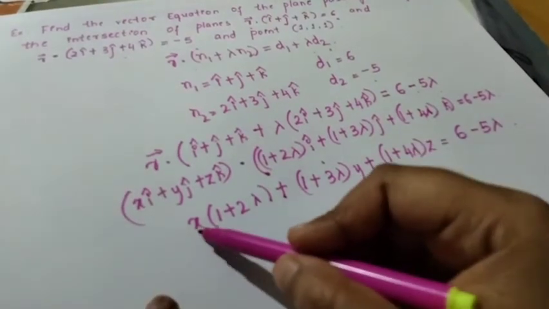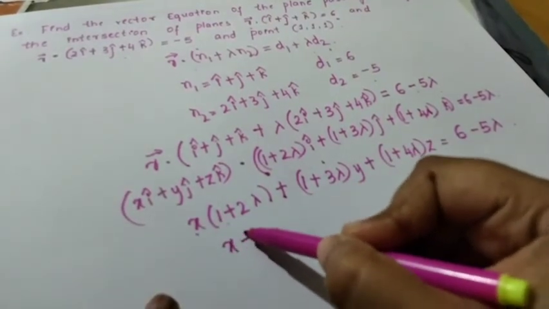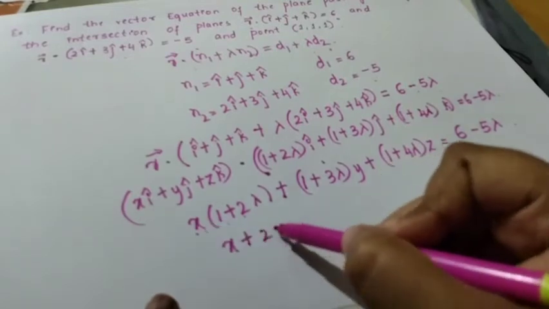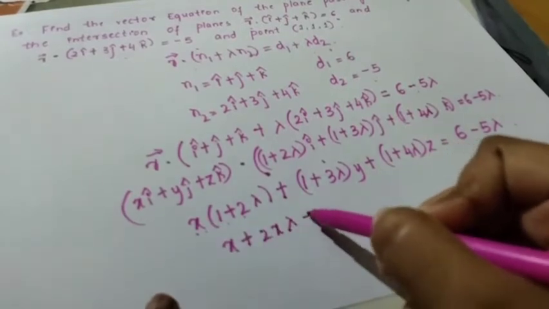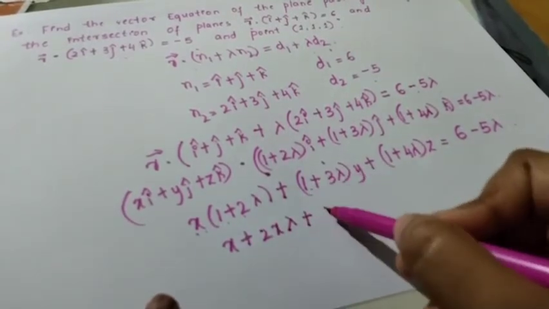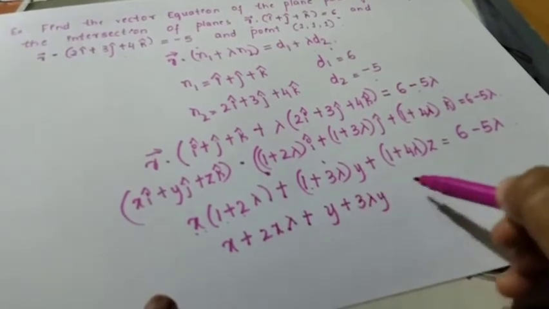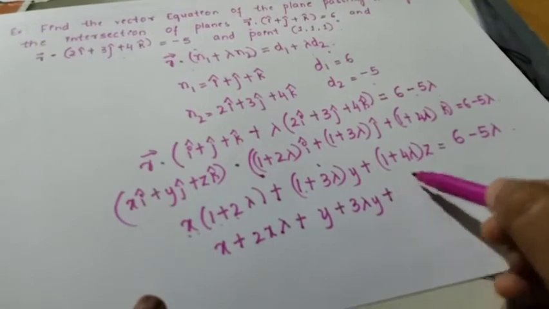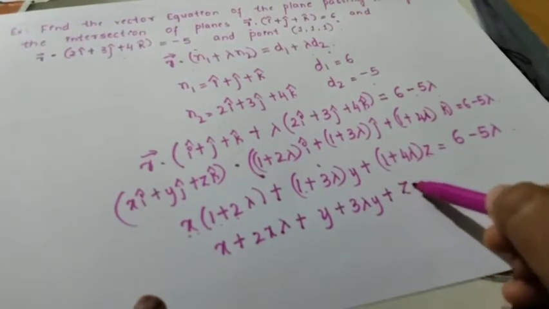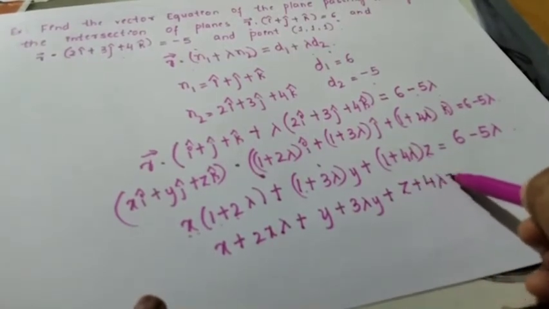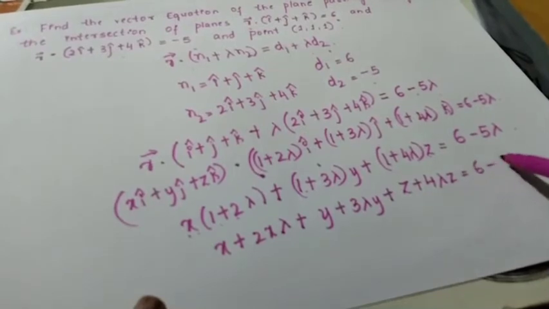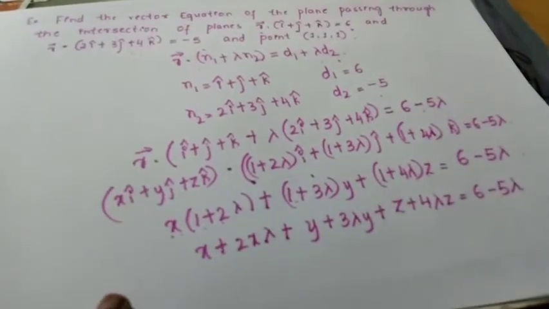So now I write x plus 2 x lambda plus y plus 3 lambda y plus z into 1, z plus 4 lambda z is equal to 6 minus 5 times lambda.